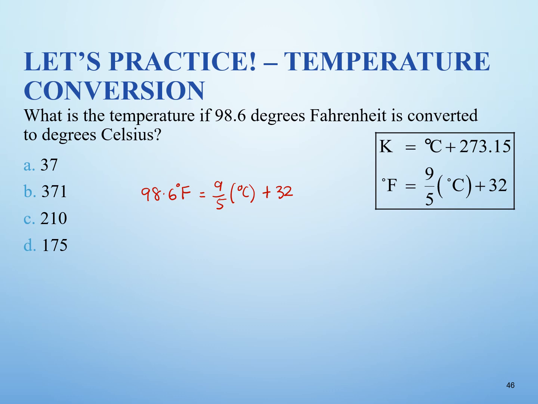The next thing is, let's work on the algebra here. I'm going to do 98.6, dropping the units for F here, and then subtract 32 from both sides, which equals 9/5 Celsius. So 98.6 minus 32 gives you 66.6 equals 9/5 Celsius. To get the Celsius answer, let's rewrite it nicely.